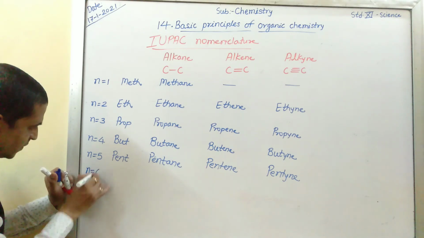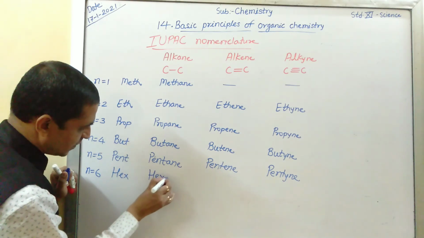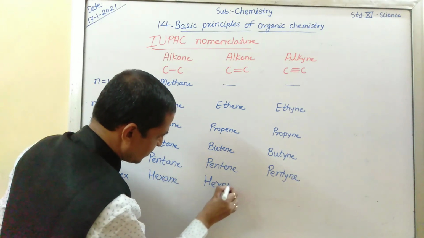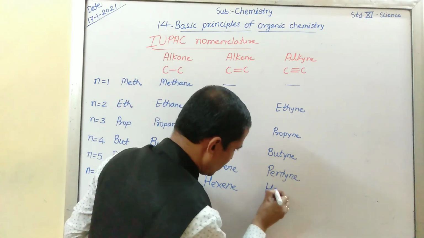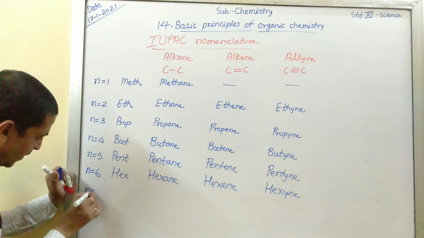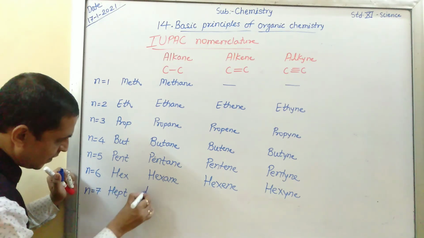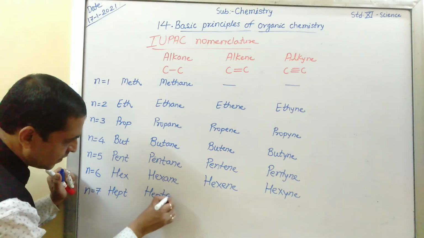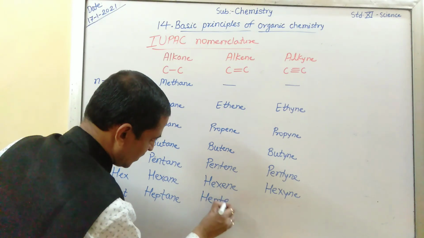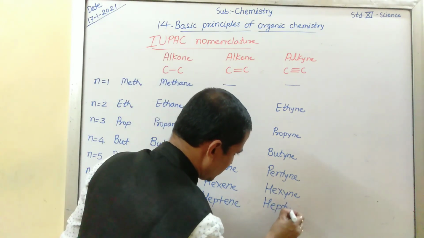If n is equal to 6, then you put hex: hexane, hexene, and hexyne. Similarly, n is equal to 7, then you get hept: heptane, heptene, heptyne.